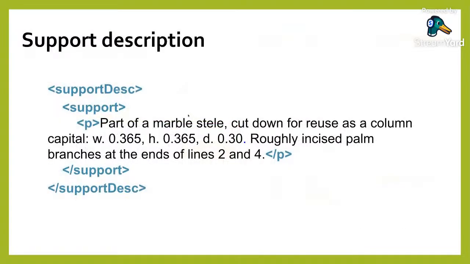So let's talk first about the description of the support. I have put here a little excerpt of the code that reads just like normal text. This is just a paragraph that you can read in a paper edition of an epigraphic monument. This is a part of a marble stele cut down for use and so forth.